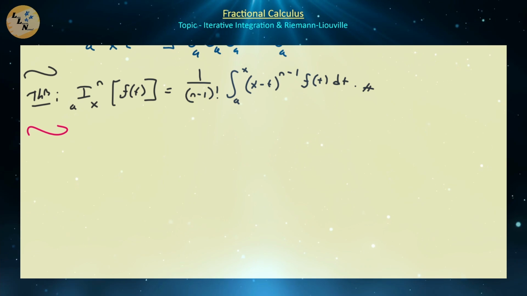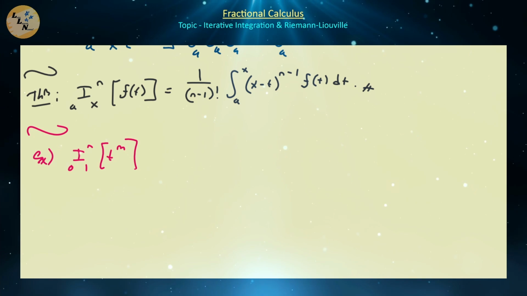So let's just do an example of what that actually results in. Let's assume that we're interested in doing I_0^1 of n, for example, t to the power of m. So we want to evaluate the iterative integral of a polynomial function at a particular point from 0 to 1. And we're going to let n and m be arbitrary integers.